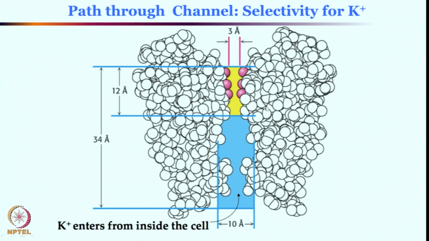Once again, the bigger ones will be eliminated naturally because of the narrow passage, and smaller ones should in principle all be passed through this, but not really. Only the medium size potassium goes through, but lithium and sodium cannot even pass through, although size wise they fit perfectly to pass through. Let us try to look at what is the selectivity factor that governs or controls this, that prevents the passage of lithium and sodium and allows only potassium passage.